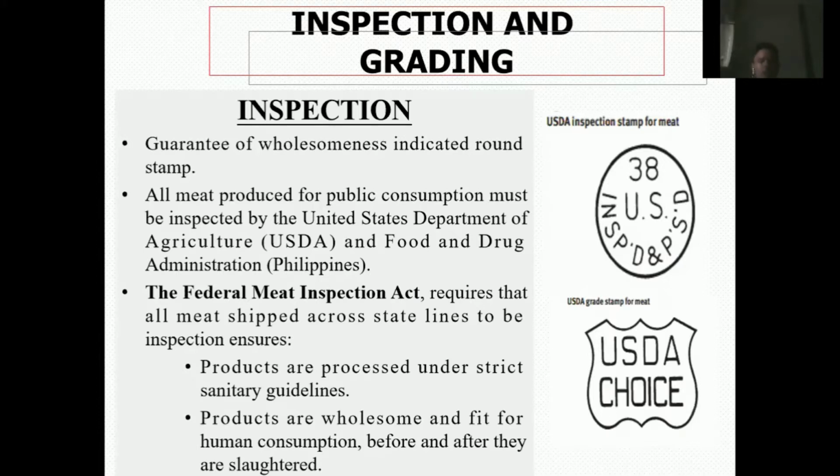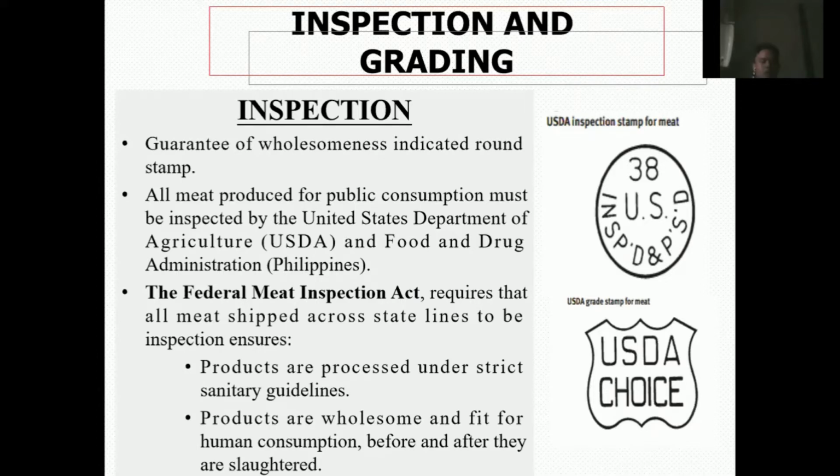The Federal Meat Inspection Act requires that all meat shipped across state lines be inspected to ensure that products are processed under strict sanitary guidelines and are wholesome and fit for human consumption before and after they are slaughtered.